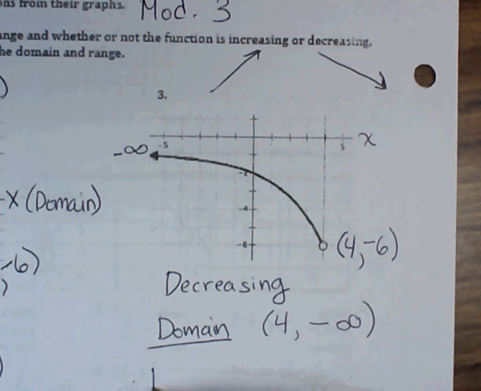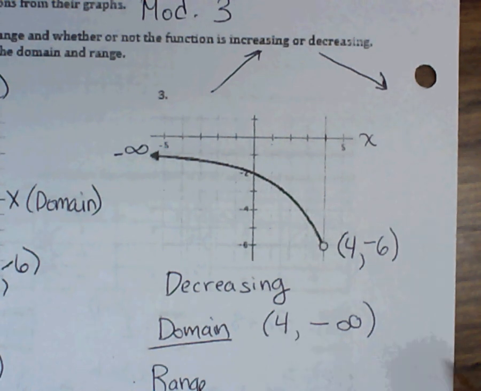And for the range, you know, I'm going to look this up and make sure that the order is correct. Maybe I should have put negative infinity to 4, but I'm not positive. So I'm going to look that up and make sure I'm doing that right. The values are definitely correct.